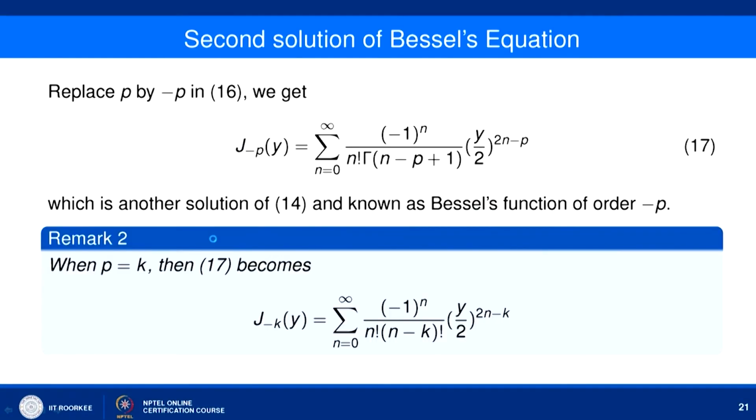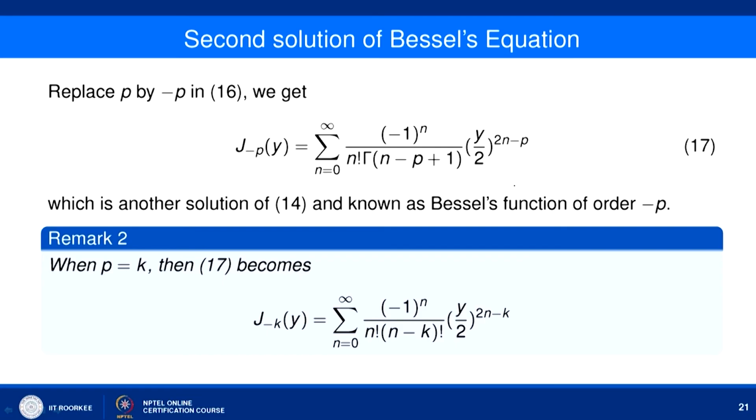Now, find out the second solution. Here replace p by minus p. In 16 we get J_(-p)(y) equal to sum n equal to 0 to infinity (-1)^n divided by n factorial gamma(n - p + 1) (y/2)^(2n-p). Here, if you look, this is quite symmetric. The only thing is that we have just replaced p by minus p. You can check that we are actually getting this.